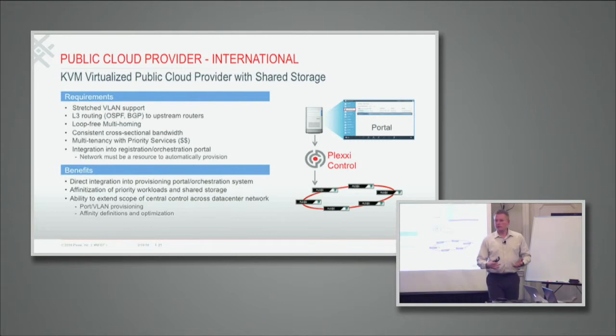We helped them write an integration from their portal into our provisioning system. Every time a new customer registered online and put in their credit card number, while their KVM provisioning system went off and started firing off VMs, we took that information and made sure VLANs were provisioned on the right hosts, and that if there were relationships between a VM and storage, all the right provisioning happened on the network side.